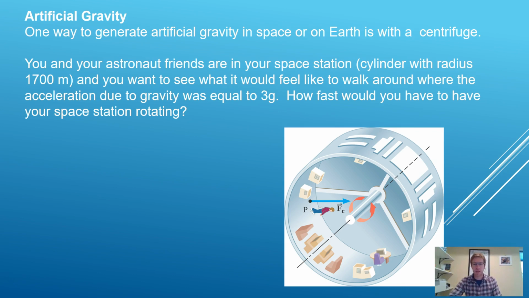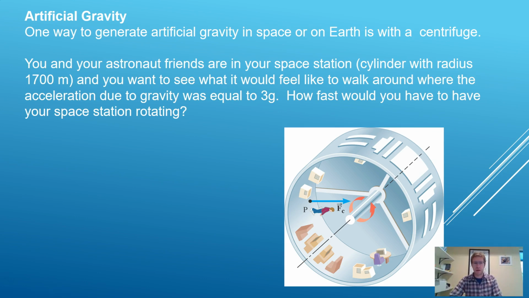Anyway, one way to generate artificial gravity is by rotating your space station, as you see in movies. Let's say that we have this cylindrical space station. This is obviously a scaled down model of it, but let's say it's a very, very large spinning space station. It has a radius of 1.7 kilometers, or 1,700 meters.